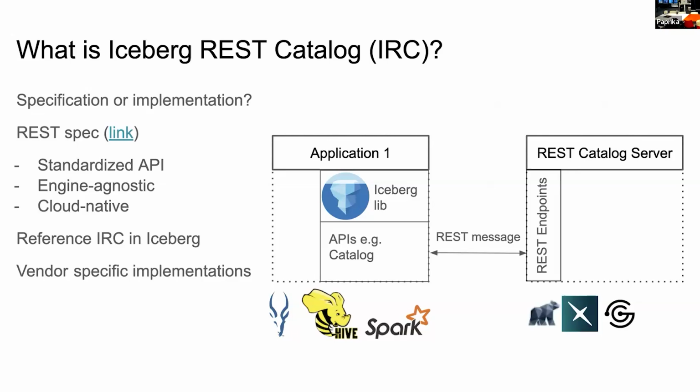You go into the specification and what you will find is that in case you have a server that behaves like an Iceberg REST catalog, then these are the requirements that you have to meet. These are the endpoints that can be provided, REST endpoints. And these are the incoming messages and the outgoing messages, including all the headers, the parameters, and such. So basically, from the Iceberg library's perspective, the REST catalog is a specification.